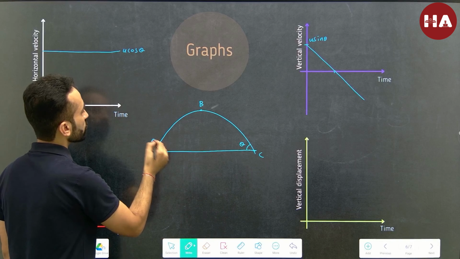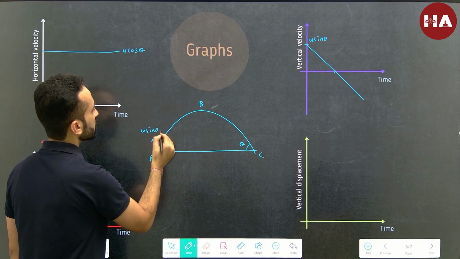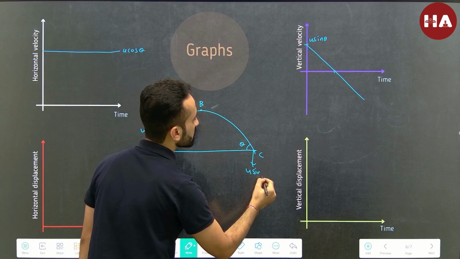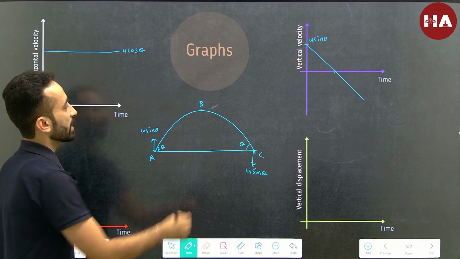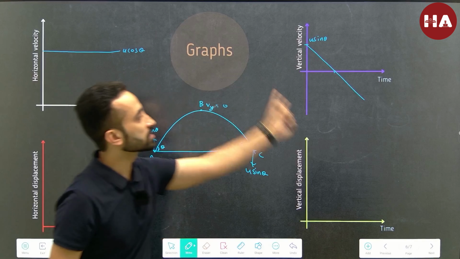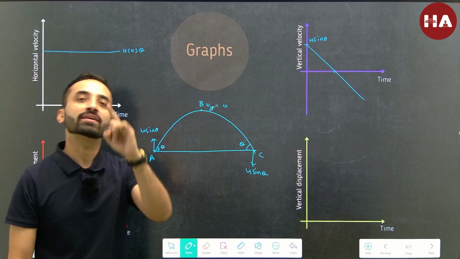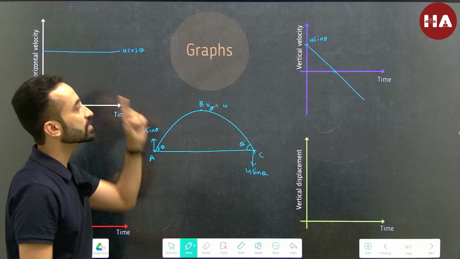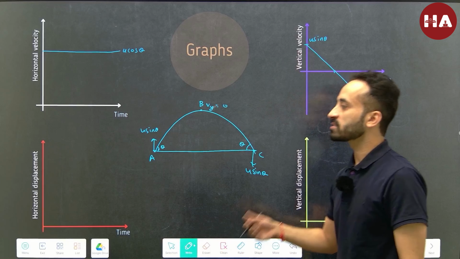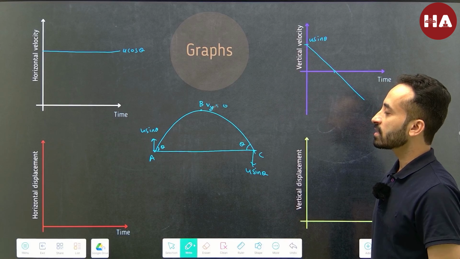We start off with u sine theta in the upward direction, it will land back with u sine theta in the downward direction, and at this point Vy is 0. So that is why it is a straight line. Why? Because the gradient is constant, acceleration is constant. You can associate this with the concepts that we have discussed in the previous classes.